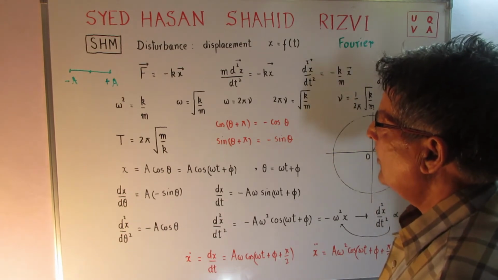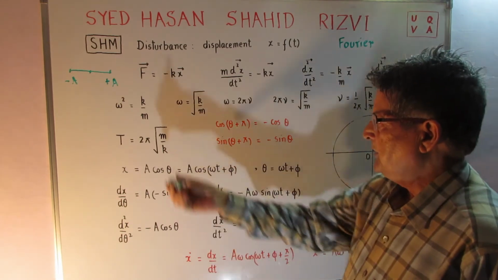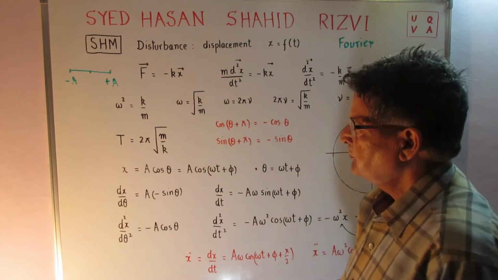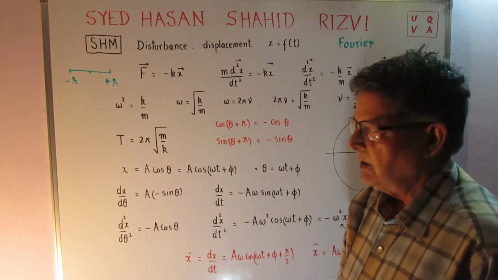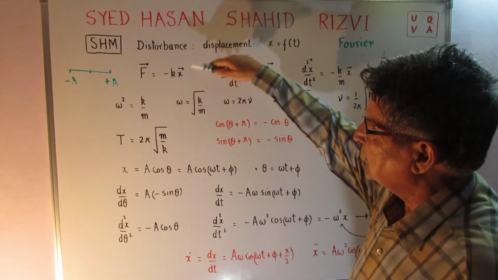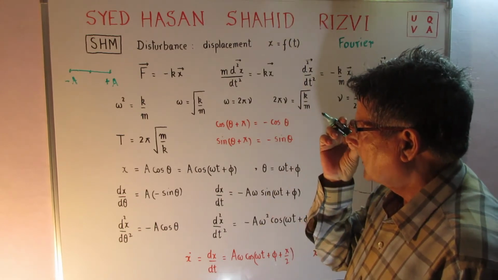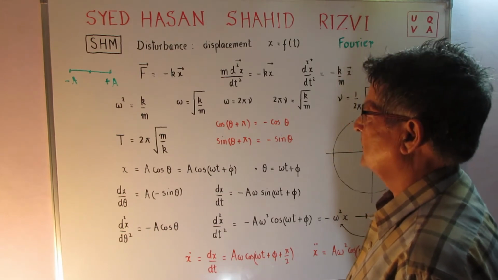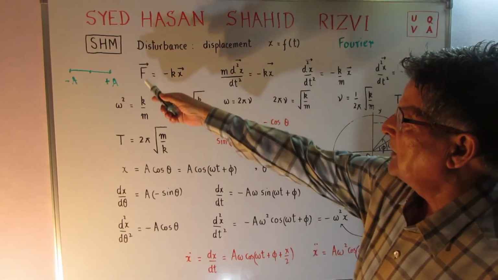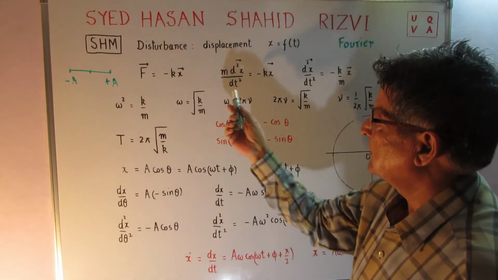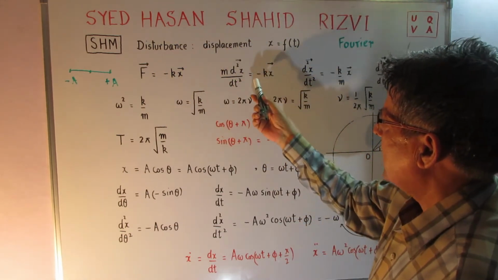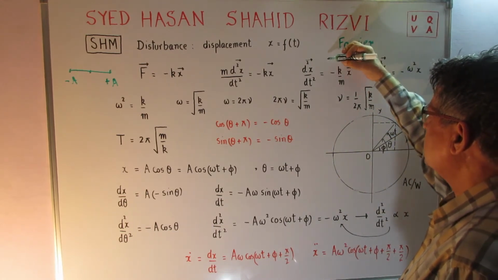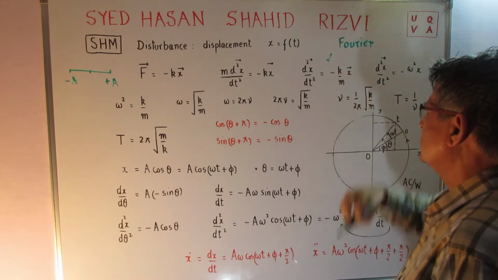Now, the basic description of simple harmonic motion is the force is equal to minus kx. This is according to the spring, and therefore k is the spring constant, a positive constant. So F is equal to m d2x upon dt2, so I can write minus kx, and this gives the equation for the acceleration.